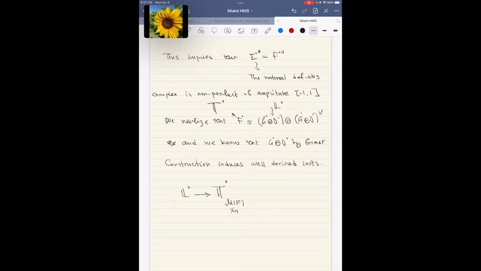And I can take this thing and I can basically take, derived categorically, this guy and mod out by one of these pieces and take the other, get the other piece. So I can do this one, for instance. And that induces for me L dot, and L dot induces well-defined invariants. So in fact, I can define my invariants this way.